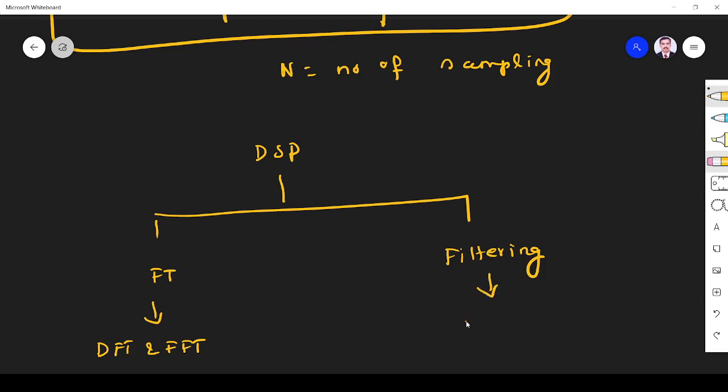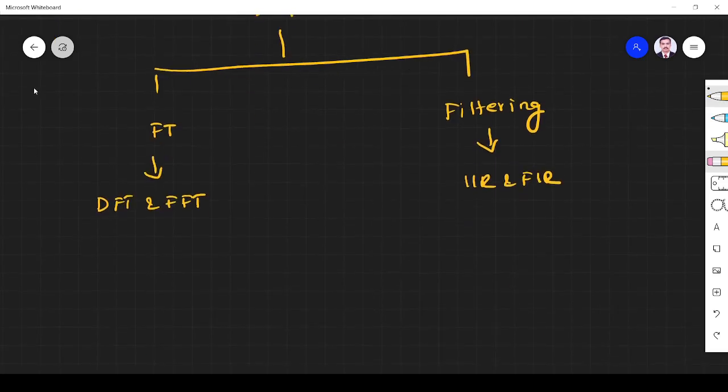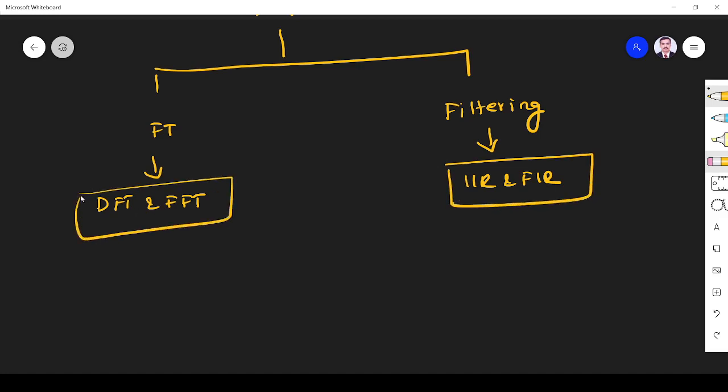In filtering we have IIR and FIR. Here they give these least importance, so just refer to all the theory and problems from this area, but some problems or theory on DFT and FFT may also come.